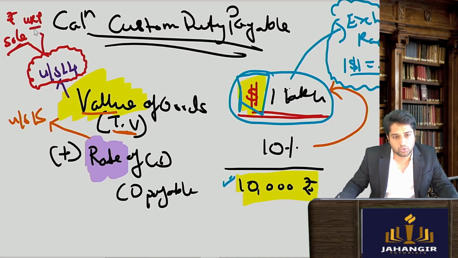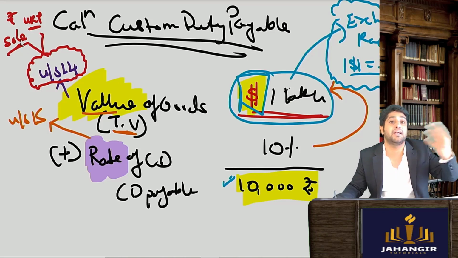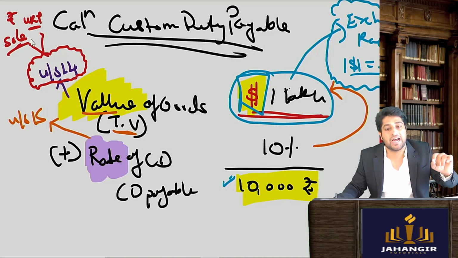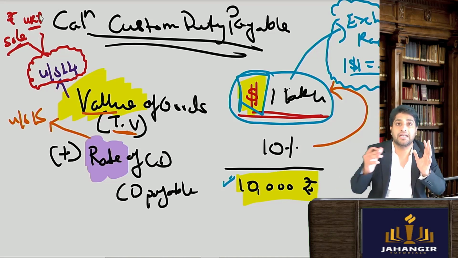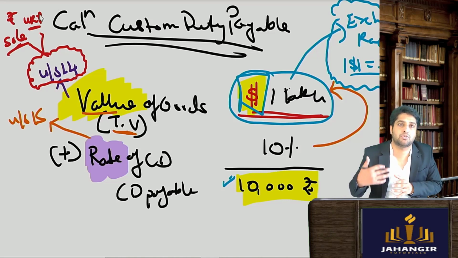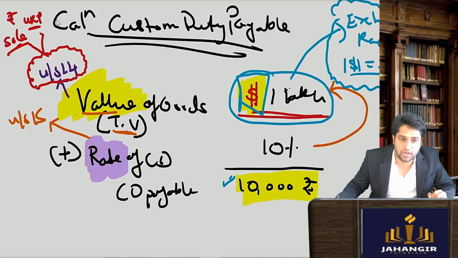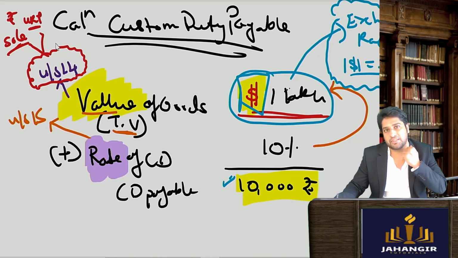If these two are violated, that is, if the transaction is between related persons or price is not the sole consideration, then I cannot take the transaction value, and I will have to assess the value, for which they have given the Customs Valuation (Determination of Value of Imported Goods) Rules 2007, which we will do later on.